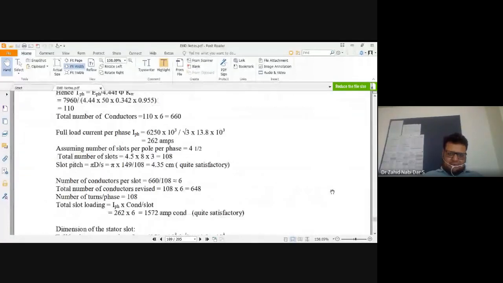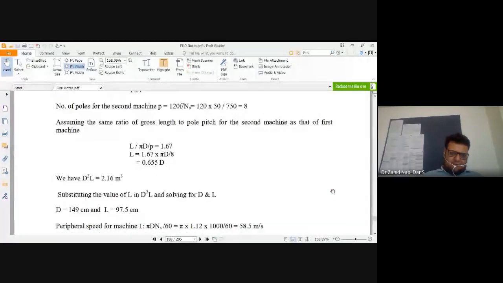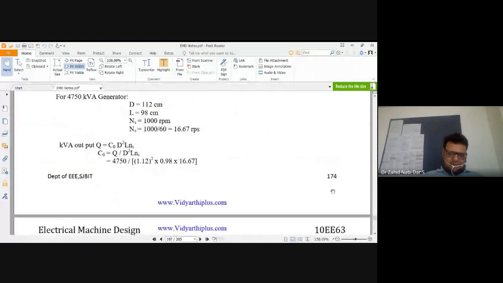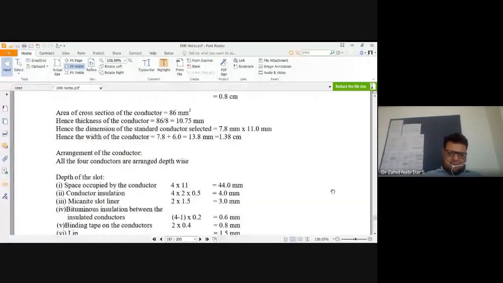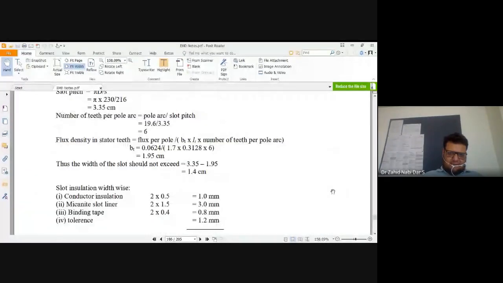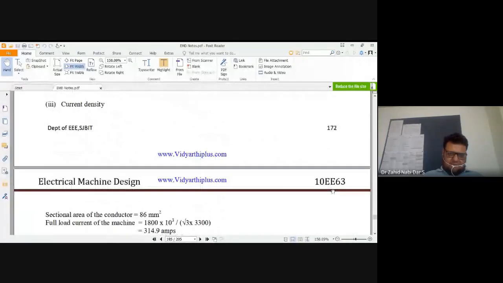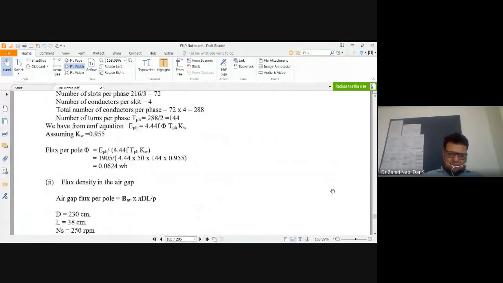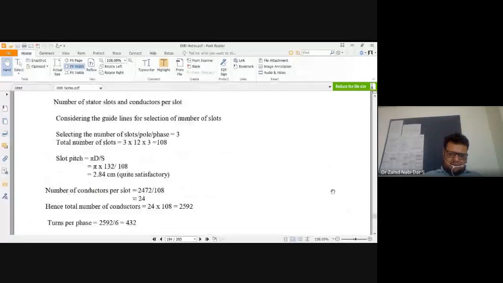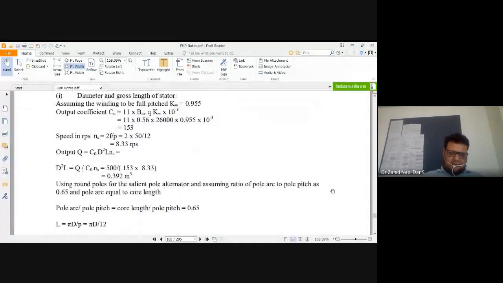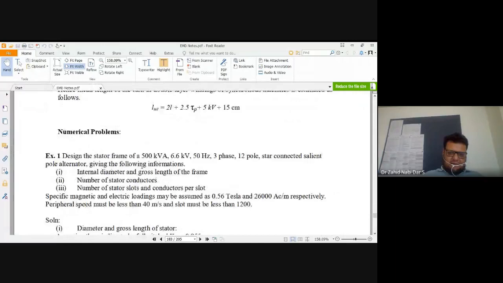We have to complete the syllabus by 31st. So in this week we'll be finishing this alternator, maybe next week also one class, then we have to do the DC machine. That is why I've taken the AC part first, because we can relate the output equation, it's almost the same.